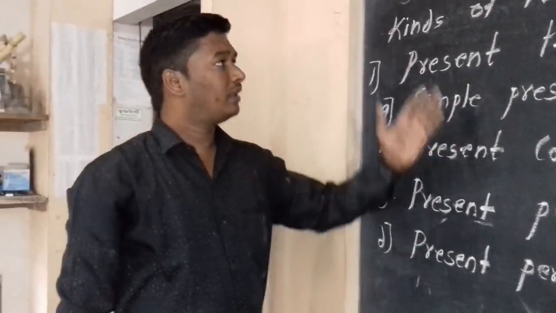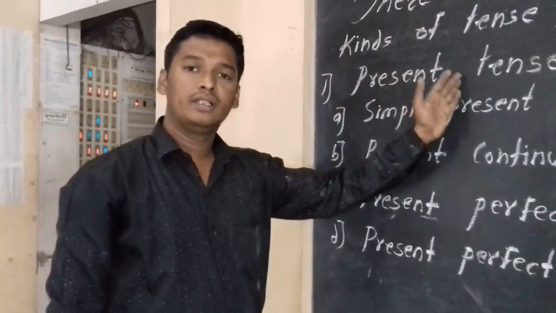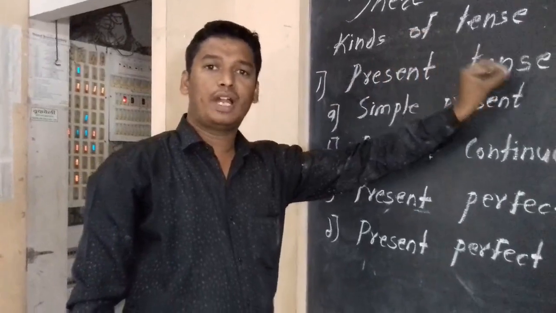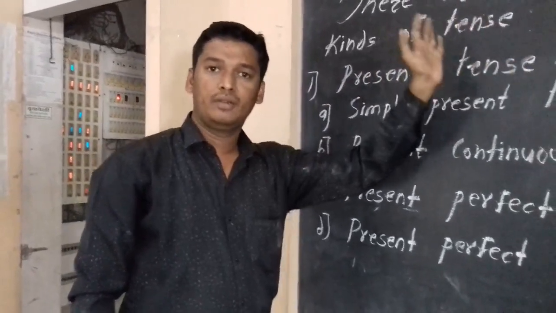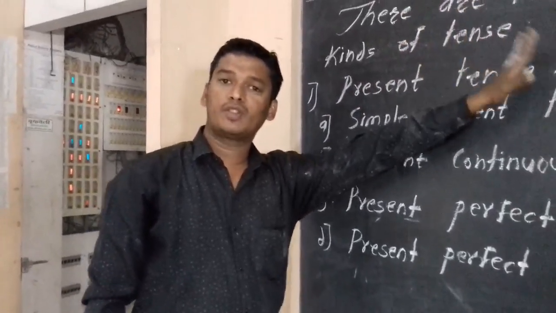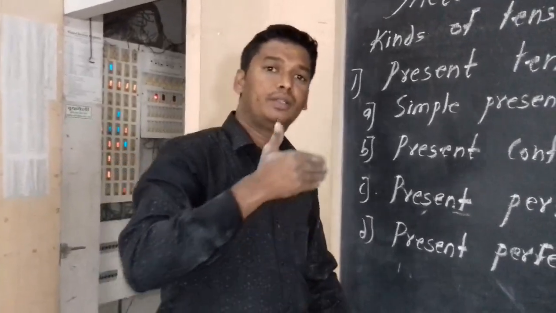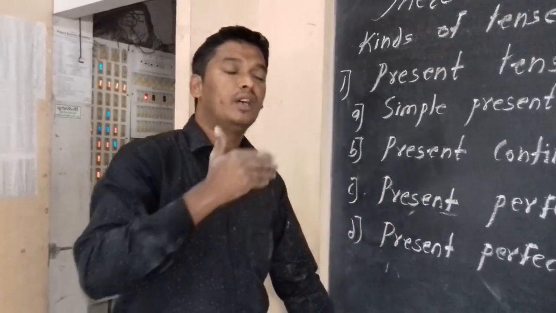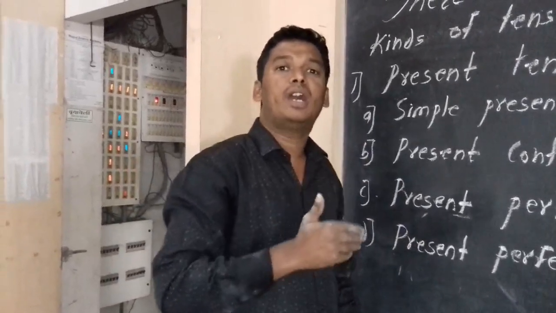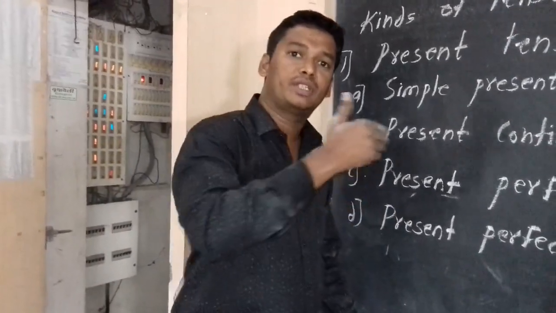Look, as with present tense, there are 4 subkinds of past tense. What are the subkinds of past tense? Simple past tense, past continuous tense, past perfect tense, and past perfect continuous tense.